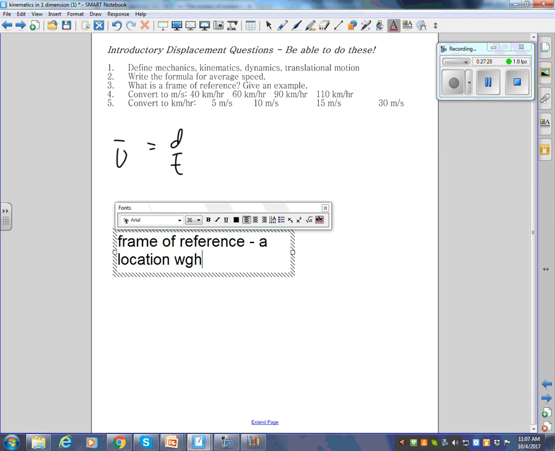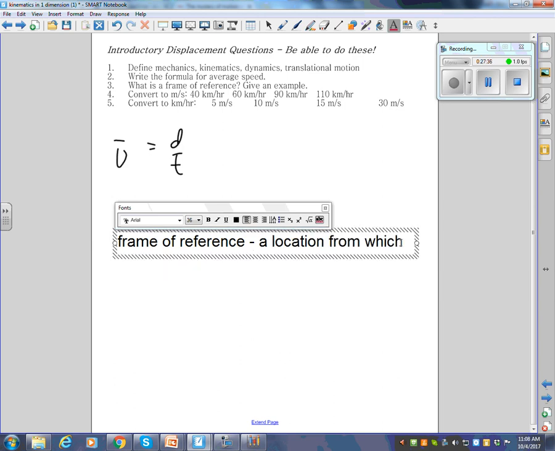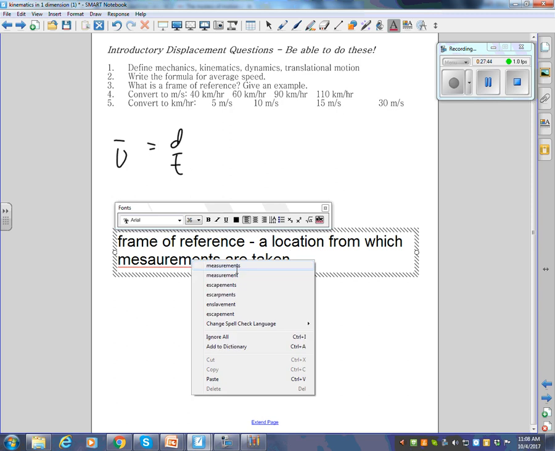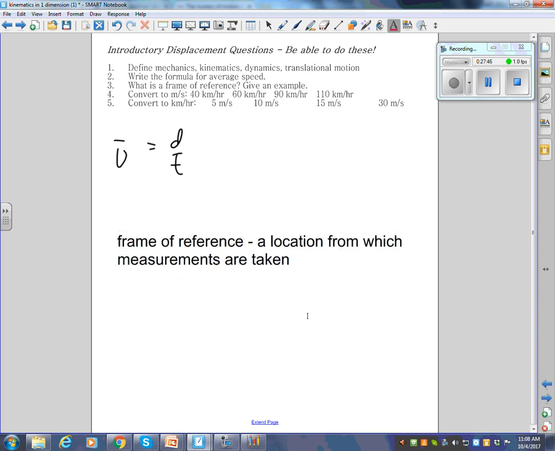A location from which, how about measurements are taken or made? A location from which measurements are taken. And does it have to be a specific location or it could really be anywhere, right? It's just we're saying that's where we're taking the measurements from. It's the location from which measurements are taken.